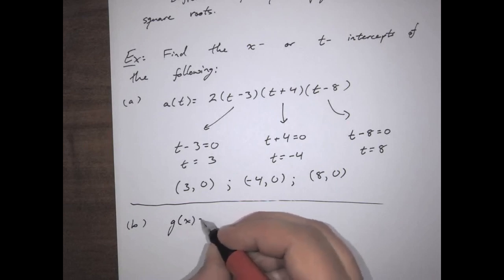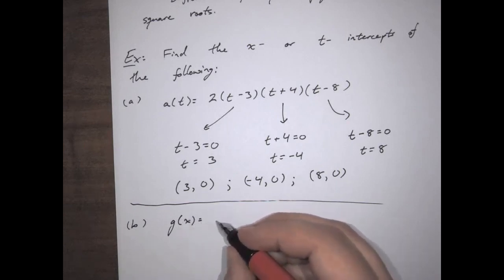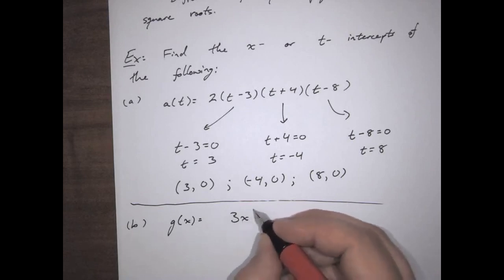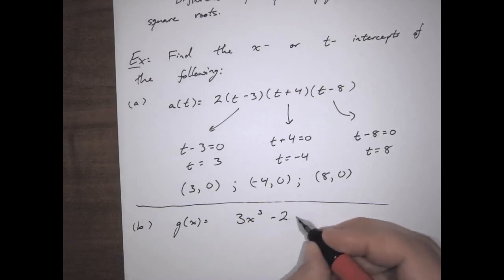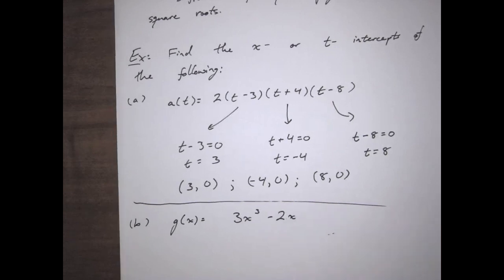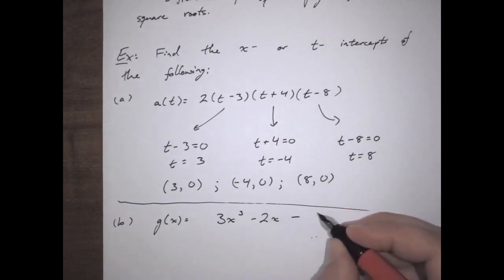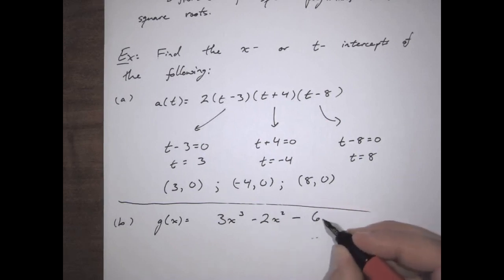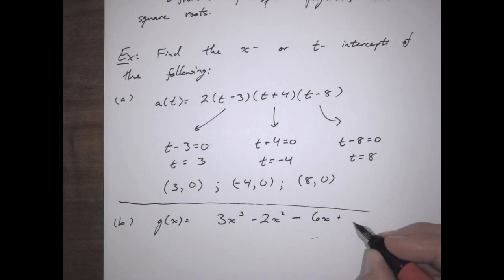G of x is equal to 3x cubed minus 2x minus 2x squared minus 6x and then plus 4.